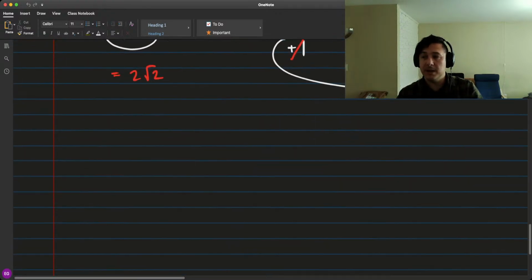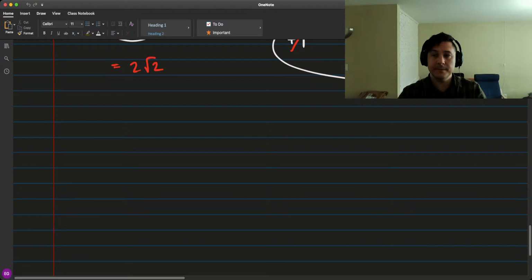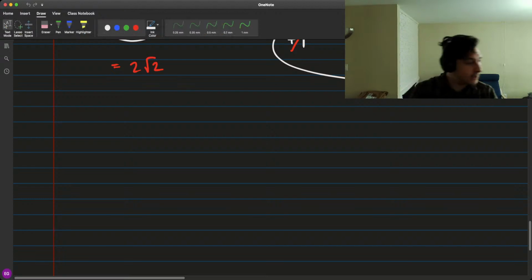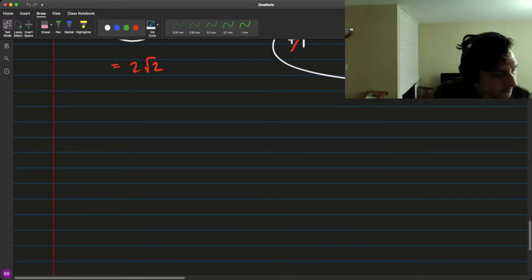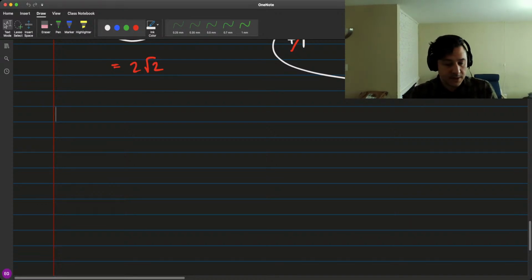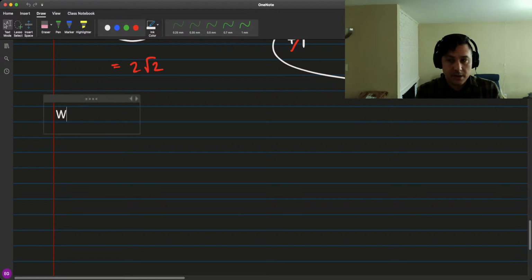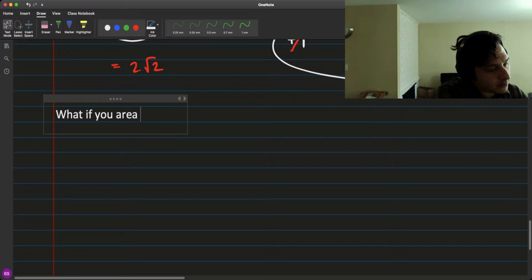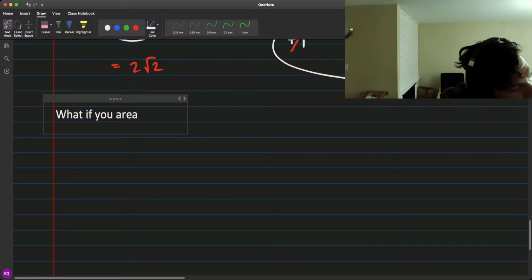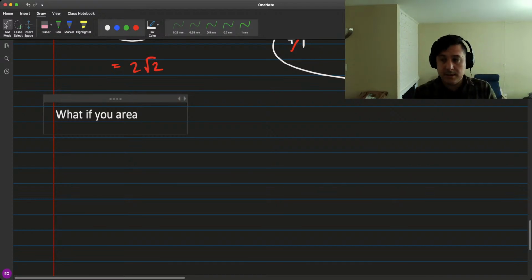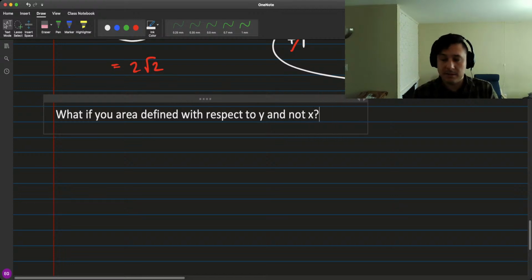Okay, so we're going to pick up here then. What we're going to talk about is, what if your area is defined with respect to the y variable and not x?